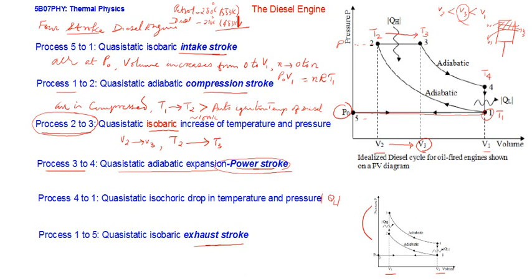Finally we return to the initial stage by following process 1 to 5, which is nothing but a quasi-static isobaric exhaust stroke, during which process 5 to 1 will be running in reverse sense. The remaining combustion products will be removed by the upward movement of the piston, and the cylinder will be cleared for accepting a fresh lot of air to be compressed in the next cycle.